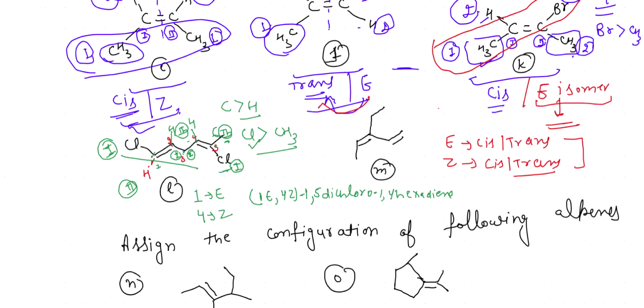Six carbons for hexa, its word root, and 2 double bonds for diene, present at the first and fourth positions. The first is E configuration and the fourth is Z configuration.